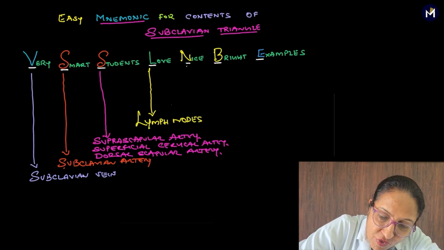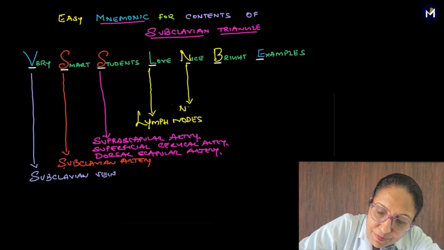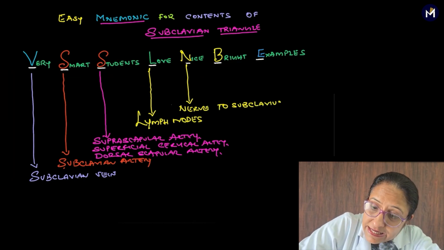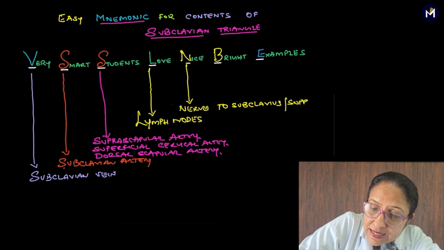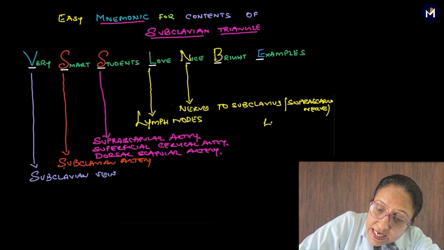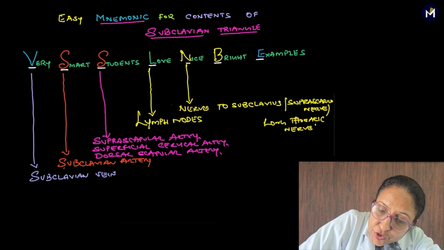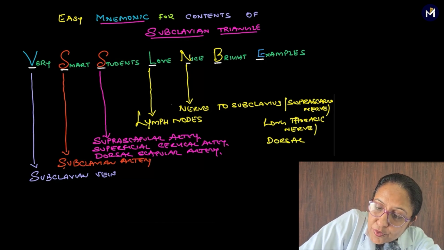N stands for nerve to subclavius. The other nerves are the suprascapular nerve. Also, you can involve here the long thoracic nerve and dorsal scapular nerve.